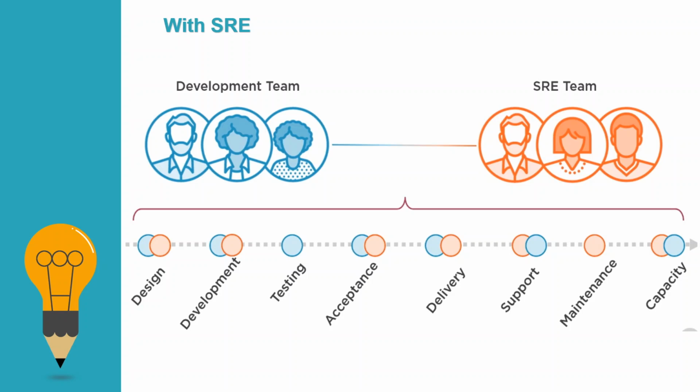The acceptance criteria, and from delivery onwards SRE will handle it. So till now we can see that SRE knows our design, our architecture, our internal functionality. There is no black box here. They know everything. And when SRE supports, the dev team is also involved in the support.